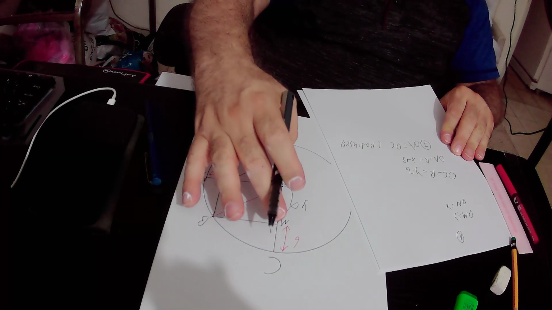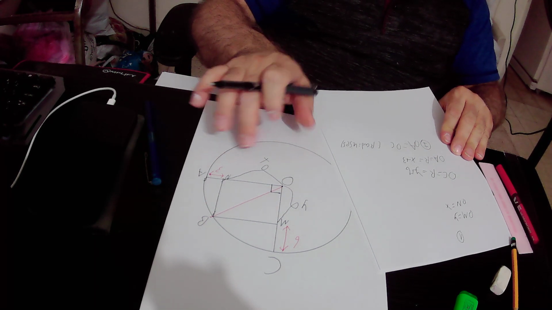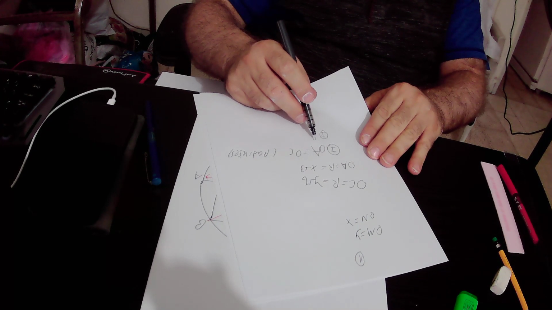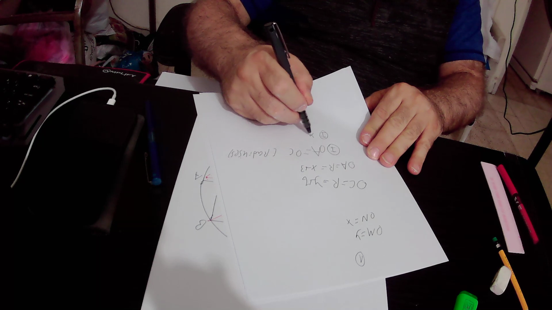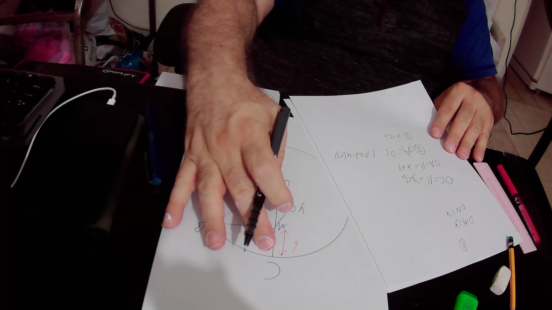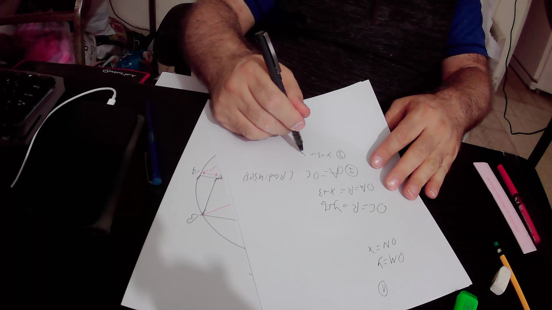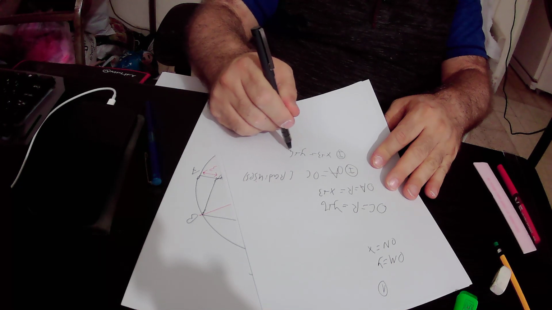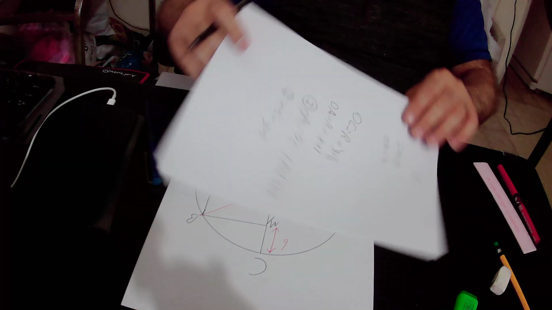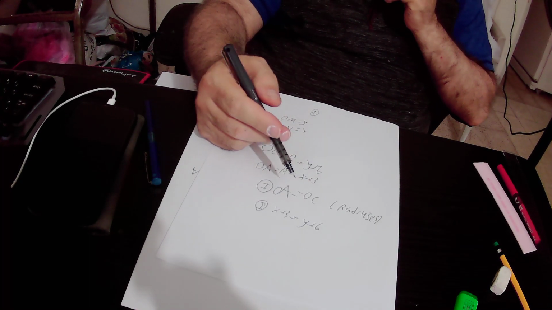But we know that OA equals x plus 3, so we can substitute OA in the first equation by x plus 3. And OC equals y plus 6, so we can substitute OC by y plus 6. So we got equation number 1 that states that x plus 3 equals y plus 6.